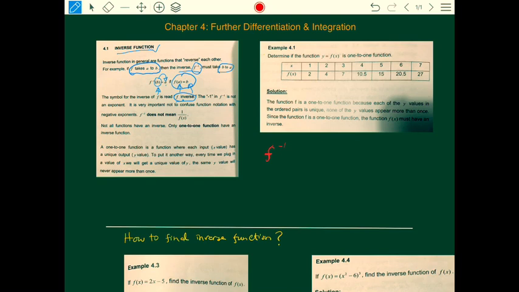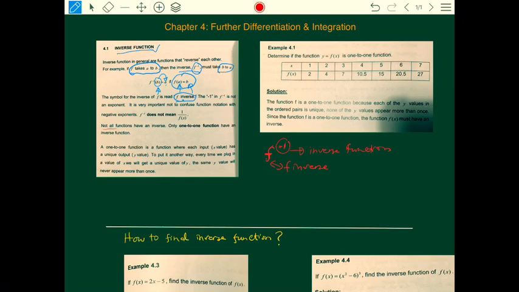The -1 here is not an exponent, but it indicates a notation of inverse function, where you can call it as f inverse.